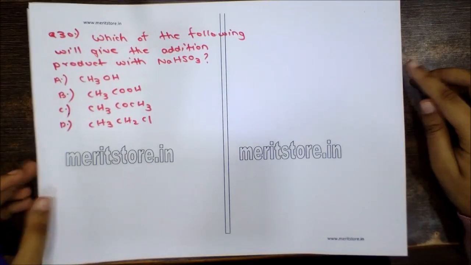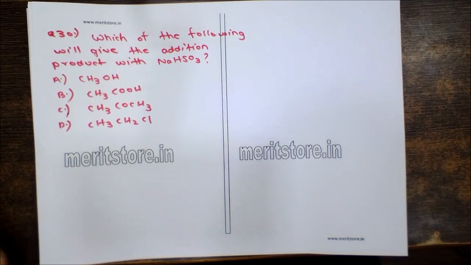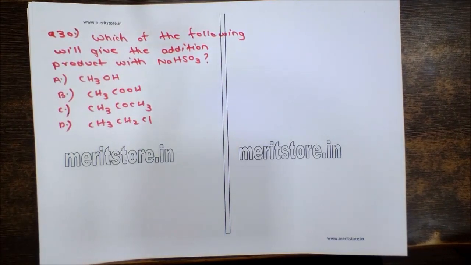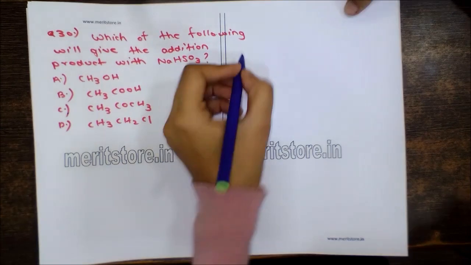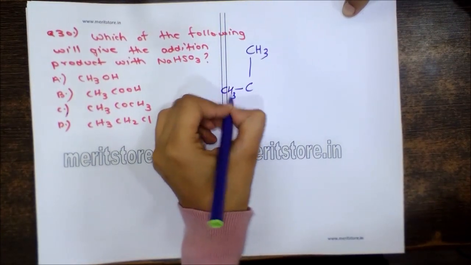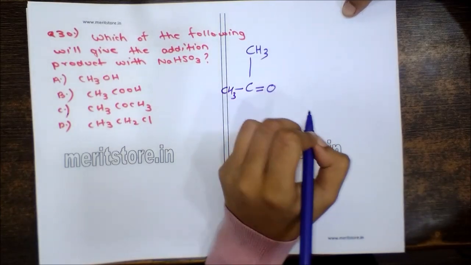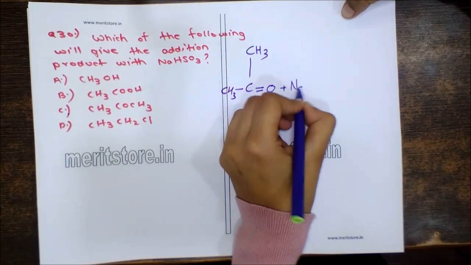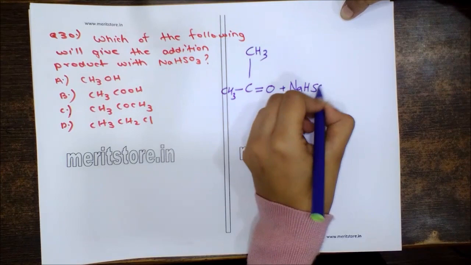Question 30. Which of the following will give the addition product with NaHCO3? A. CH3OH, B. CH3COOH, C. CH3COCH3, D. CH3CH2CH3. So first let's make acetone. That is my CH3, CH3 double bond O plus NaHCO3, which is there in our question.